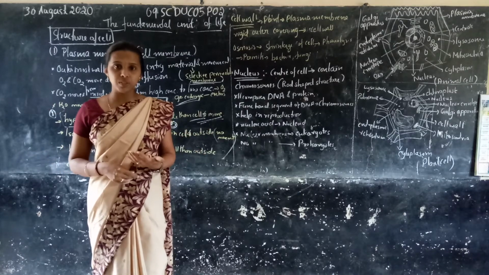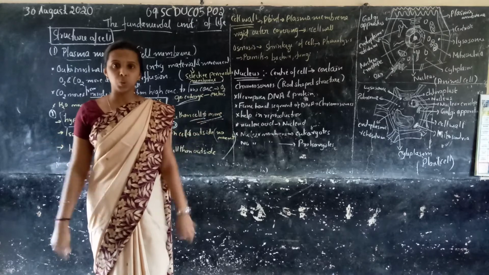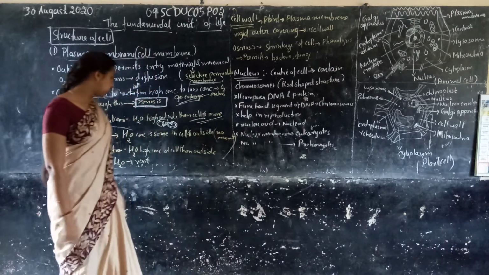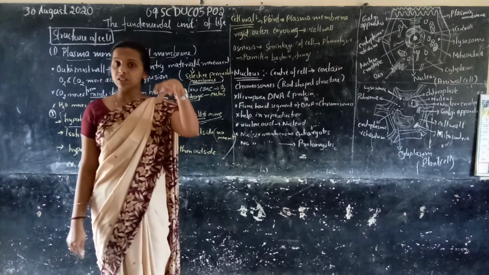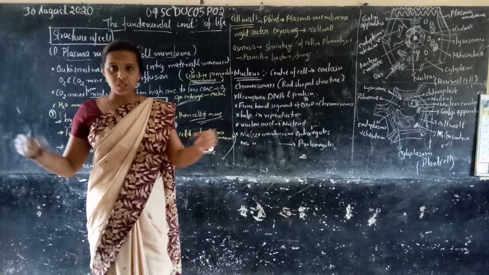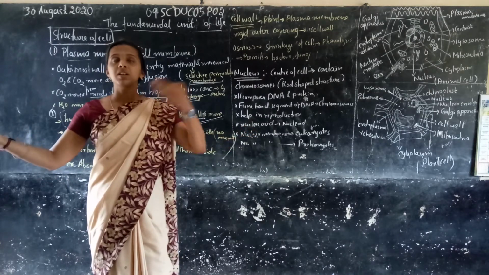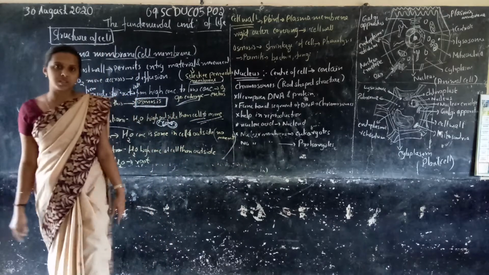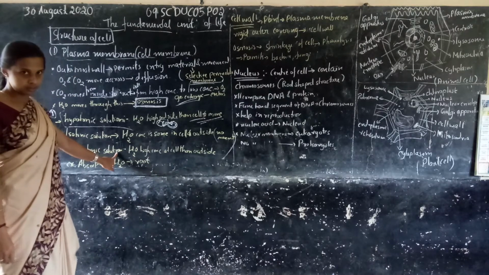Is it necessary for the water to move? No. Why? Because the water molecule concentrations are the same, so it does not move from outside the cell to inside or inside to outside. It cannot move. Such a process is called an isotonic solution.